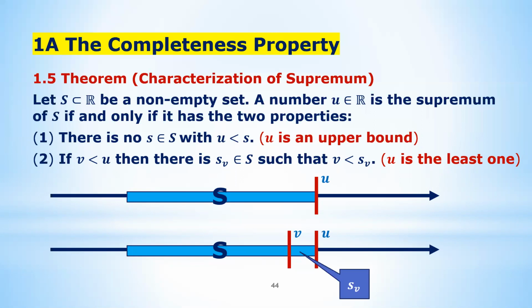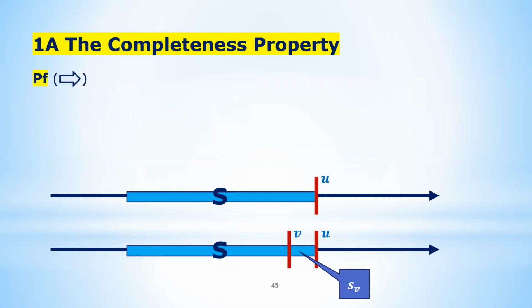This is a very simple property, but we need to give a proof of it. Because the statement is if and only if, you have to prove it from both sides. First, suppose you assume that U is an upper bound, and from there we're going to show these two properties.